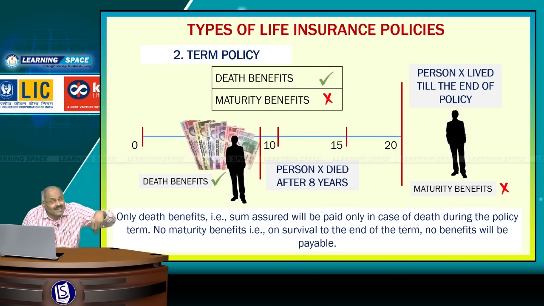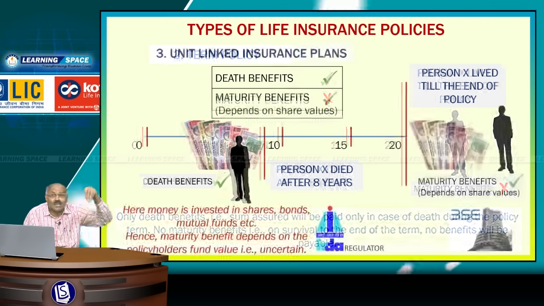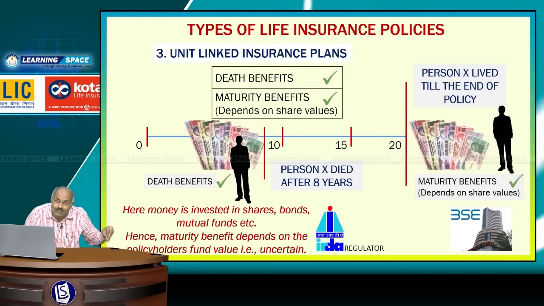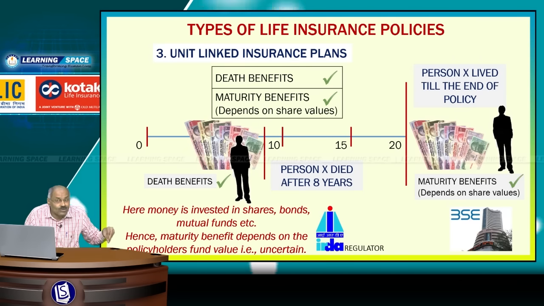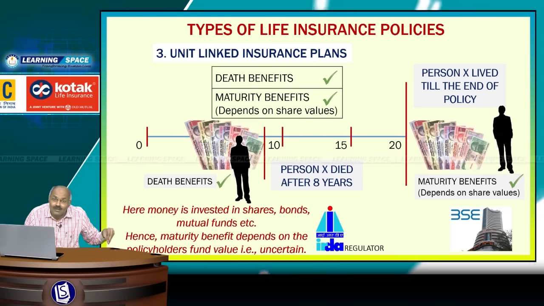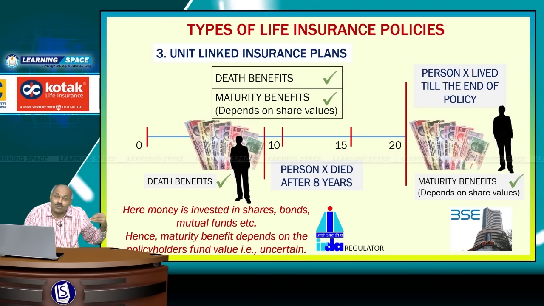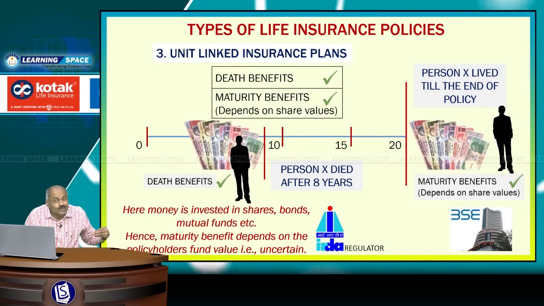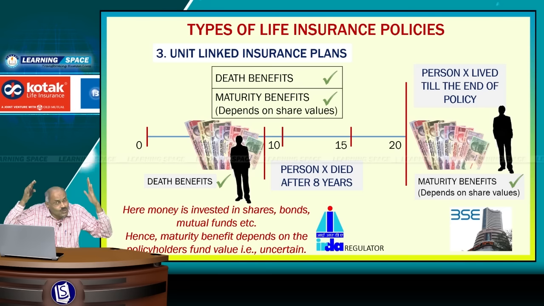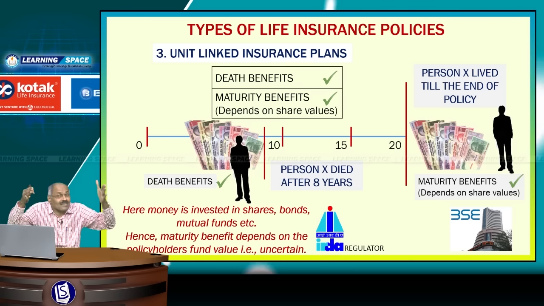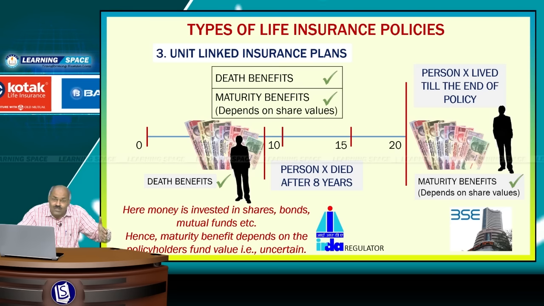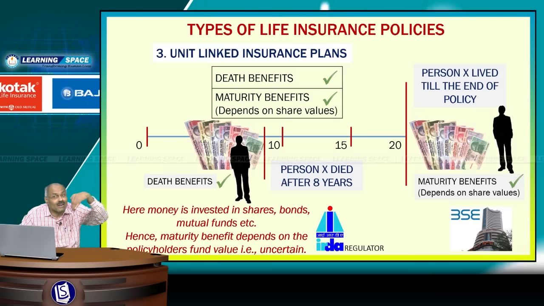If you look at the next type of policy, the unit linked insurance plan, popularly known as ULIPs. Here also, as usual, the person will get a death benefit. Suppose the sum insured is 5 lakh rupees.